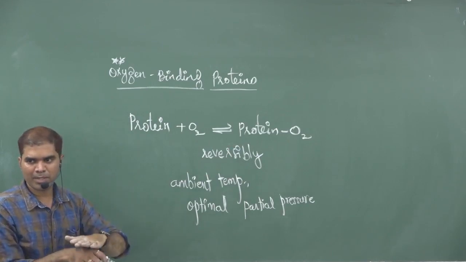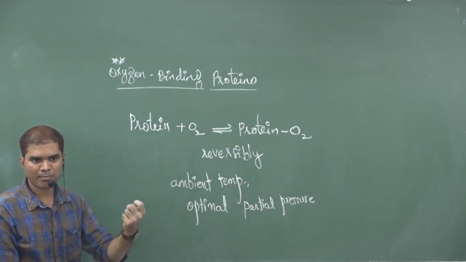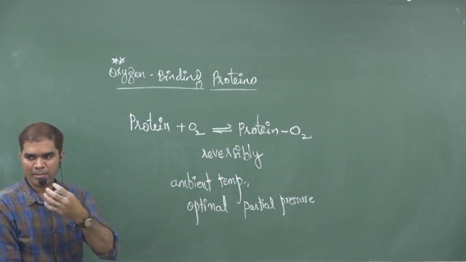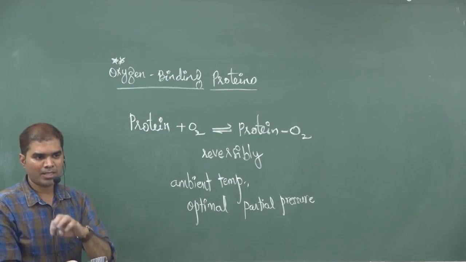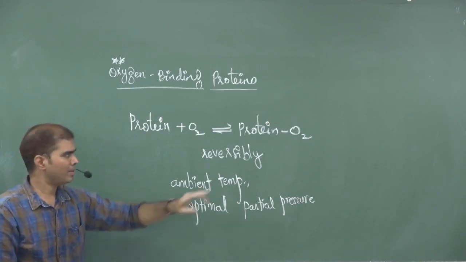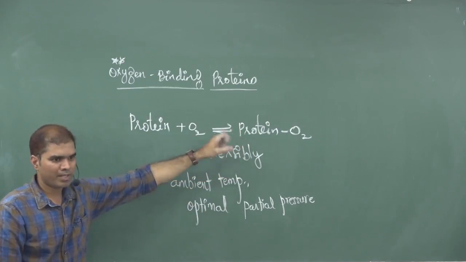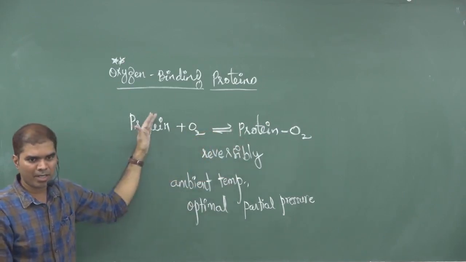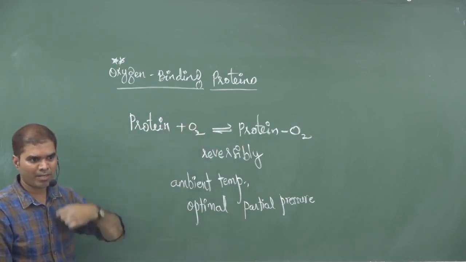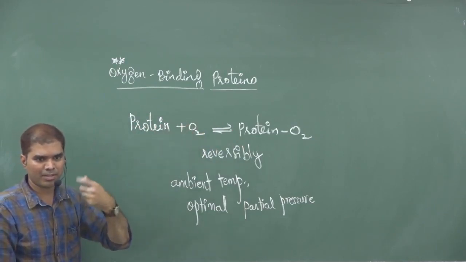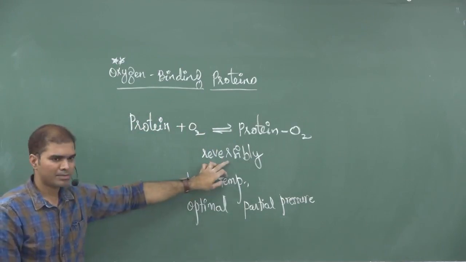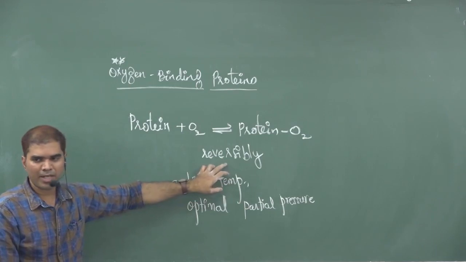At cellular level, the partial pressure of dioxygen is low, so this complex cannot survive. It will give away oxygen and come back to protein plus oxygen. The protein will again come back through the blood and take up dioxygen. This process is continuous.